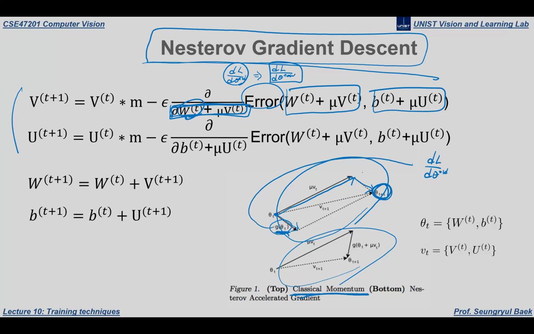But here they want to update the parameters with momentum first and obtain the gradient for the new parameter which is added with the momentum. By removing this mismatch, Nesterov gradient descent works slightly better than the original gradient descent with a momentum term. Are you guys understanding this?